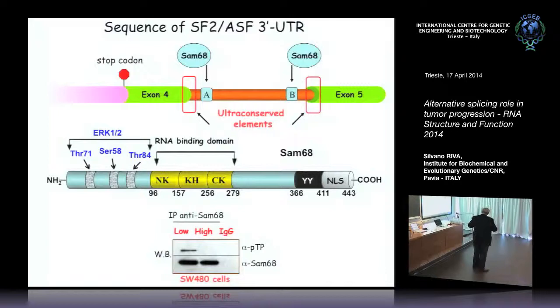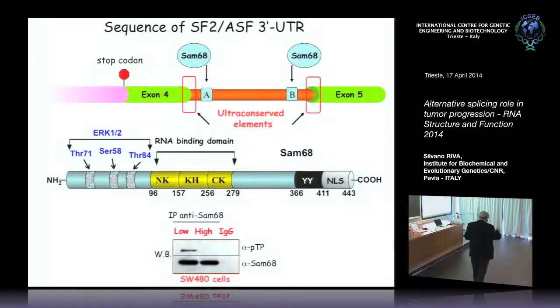The splicing of this exon that controls the abundance of SF2, that controls the splicing of RON, depends on something that is activated by the ERK kinase.